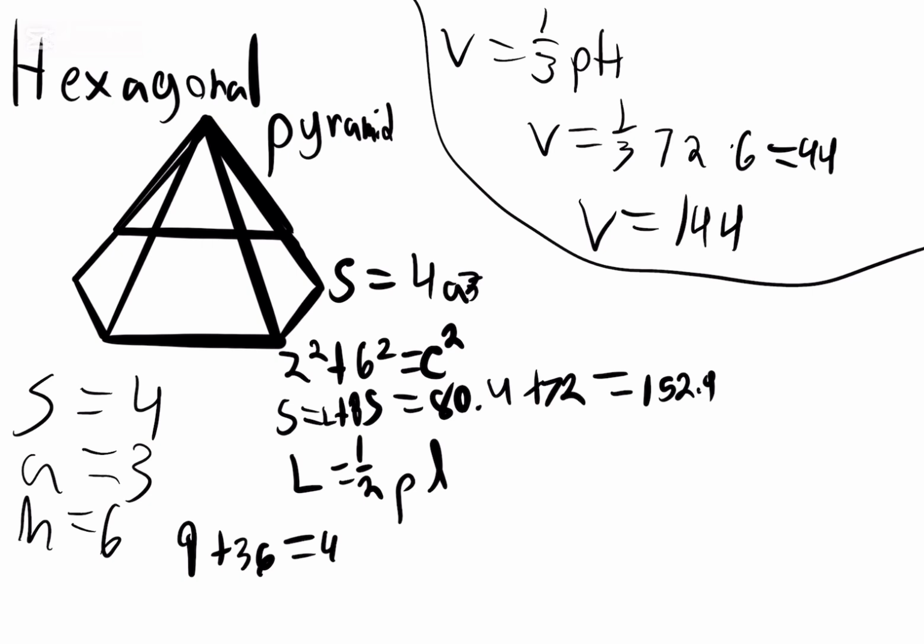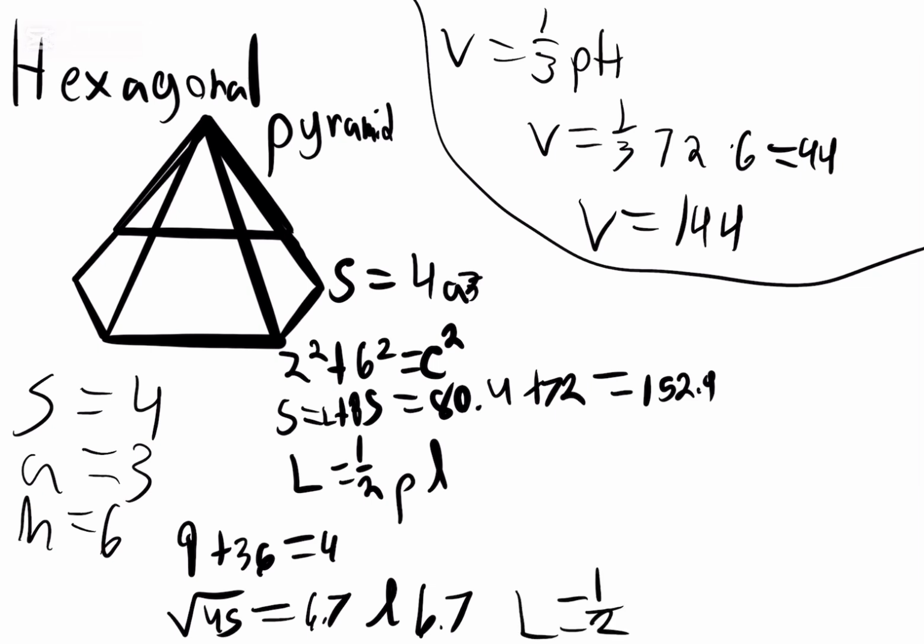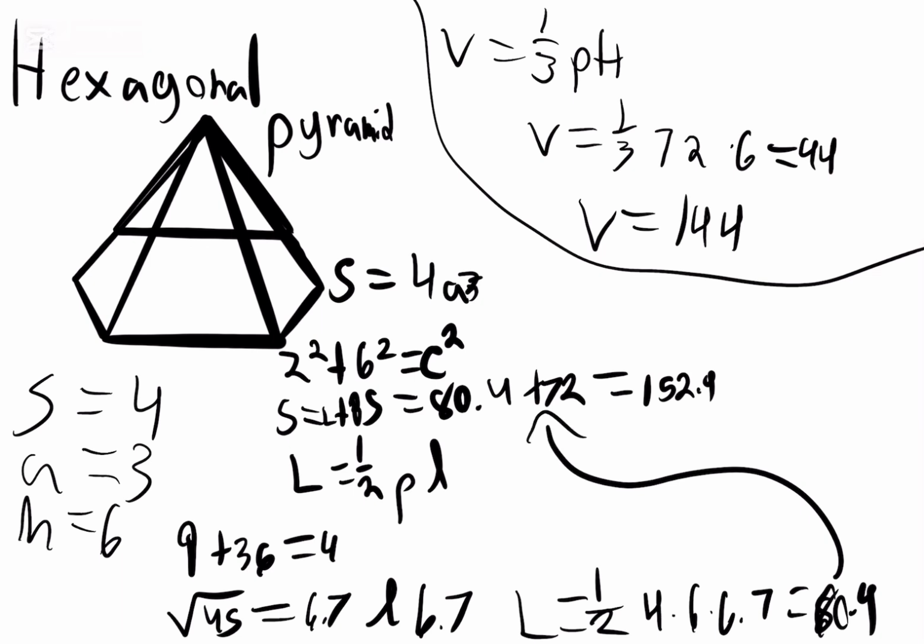And then we would do square root of 45, which would equal 6.7. Our slant height is 6.7. So then we would do L equals 1/2 times 4 times 6 times 6.7, which would equal 80.4. That is how we got this number.